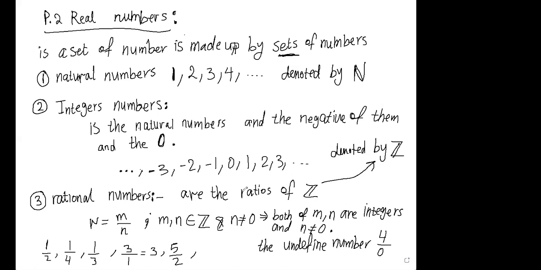Here we denote the rational numbers by Q. We denote the set as Q. Here we denote by Z, here by N. Here is N, here is Z, and here is Q.